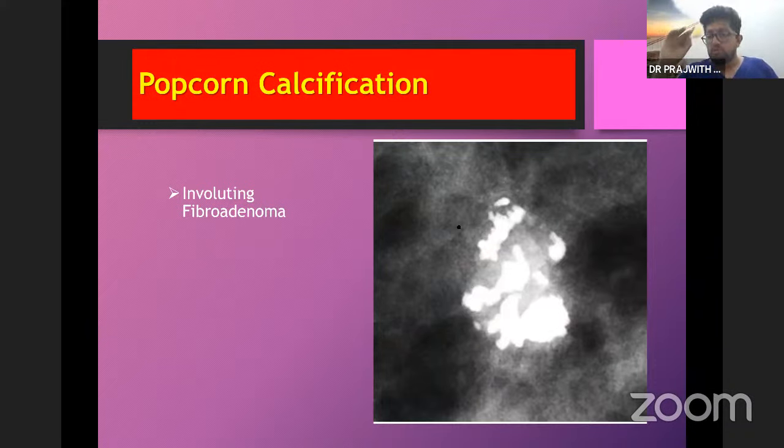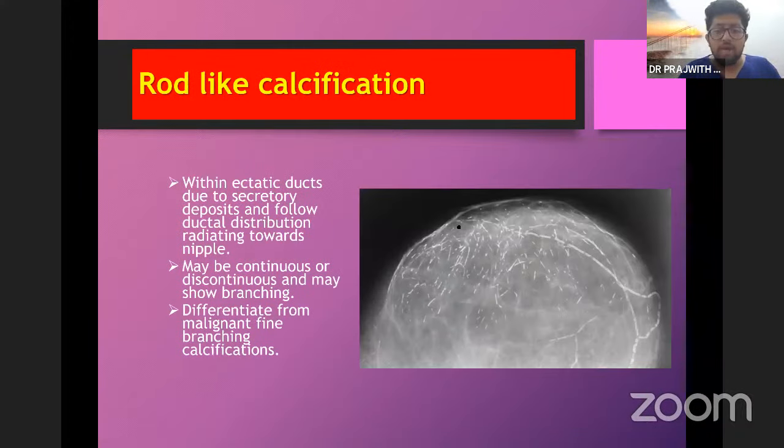MCQ 2. Where do you see popcorn calcification? In fibroadenoma or malignancy? Very simple answer, it is fibroadenoma. Okay, now rod-like calcification. Whenever we see rod-like calcification, it has happened because of ectatic ducts in which the secreted components deposit, and they will have calcium deposited there, which looks like rod-like calcification.